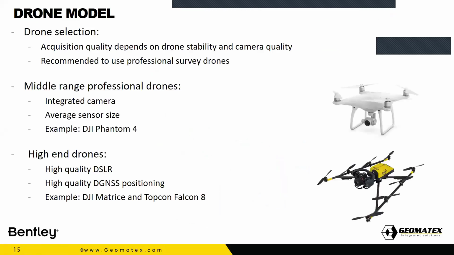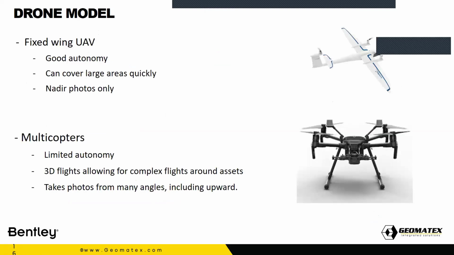So now when we are speaking about drones, there are a lot of models, from the very simple DJI Phantom 4 drones, passing by those Sony cameras mounted on Falcon drone, sorry. And on the other side, you could also use a fixed wing.